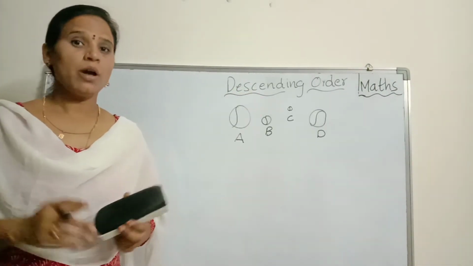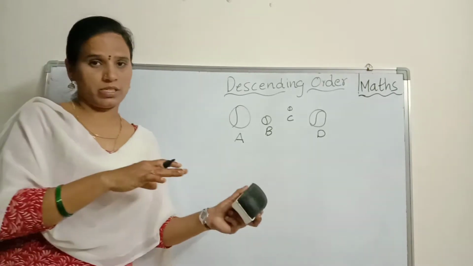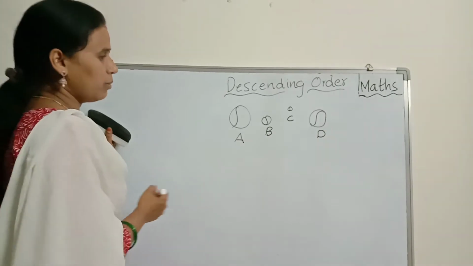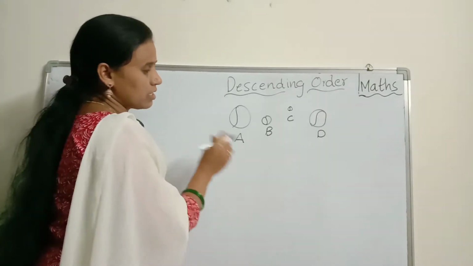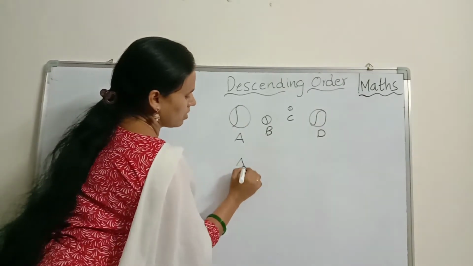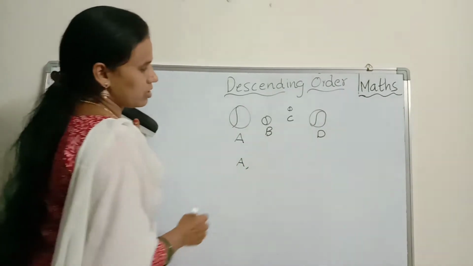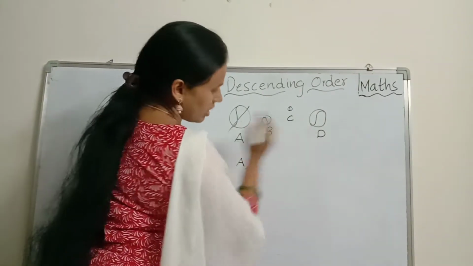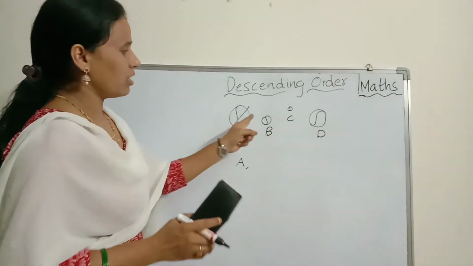Now tell me children, what do you mean by descending order? When we arrange big to smallest, biggest to smallest. Okay, now tell me dear, which is the biggest ball? Yeah, A. Right? Next, it's over. Now B and C and D are there.